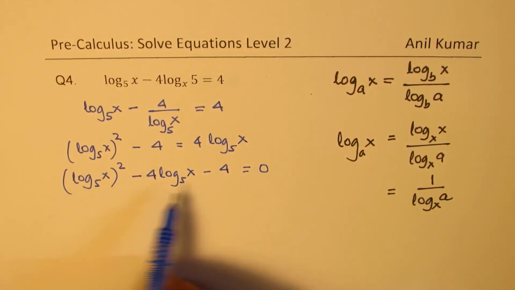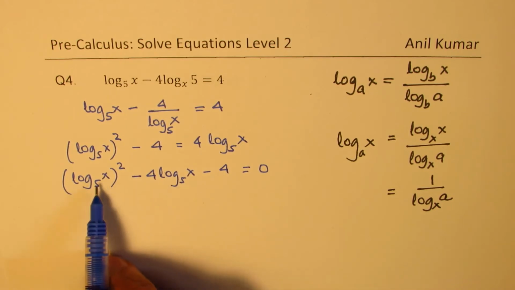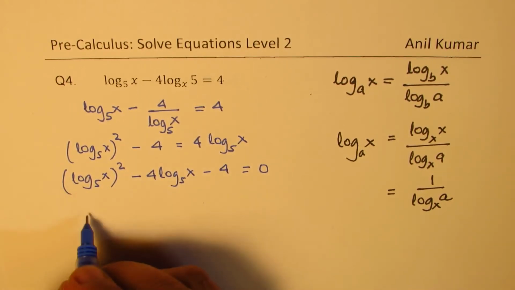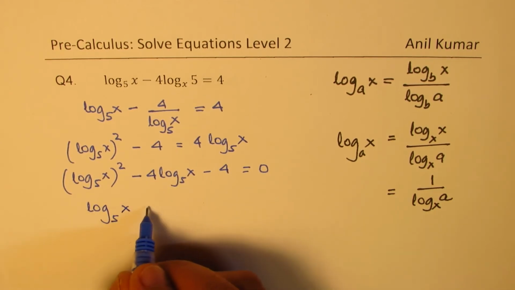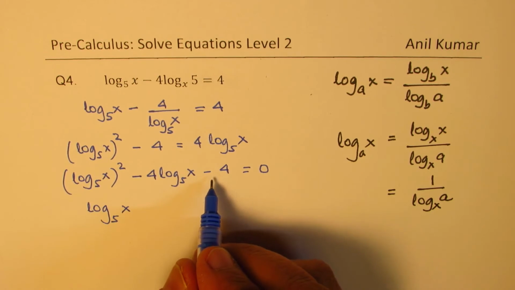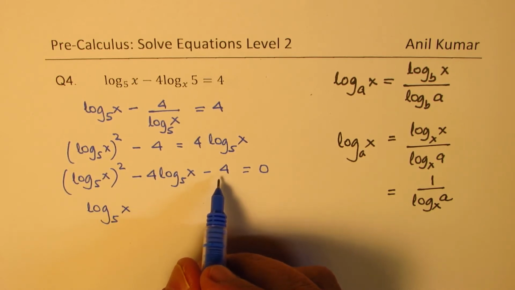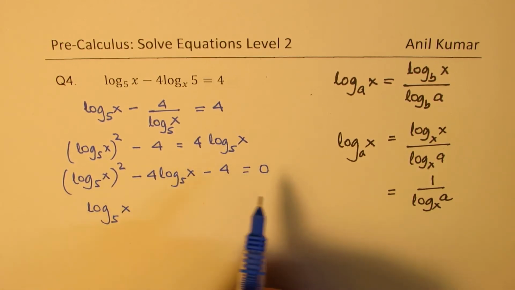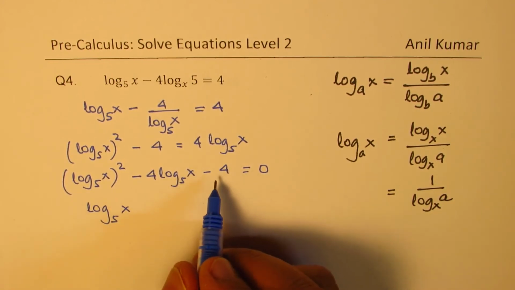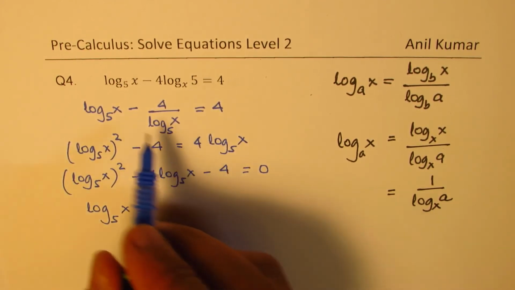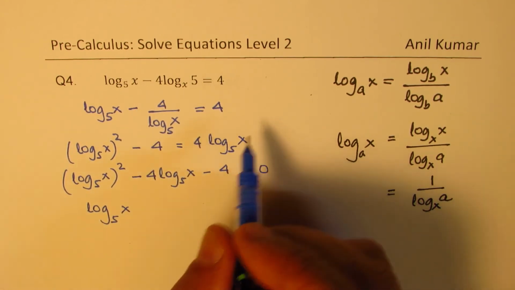Well, looking into the quadratic equation, it becomes a perfect square. We could factor and write this as log to the base 5 of x minus, this should have been plus, right? So there's something wrong here. Let me just correct this question, right?